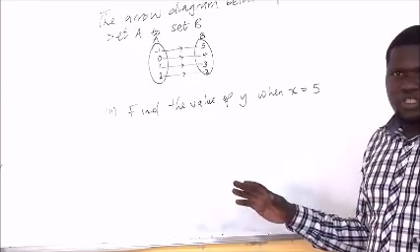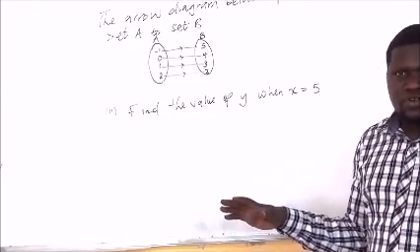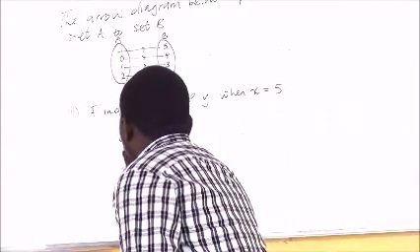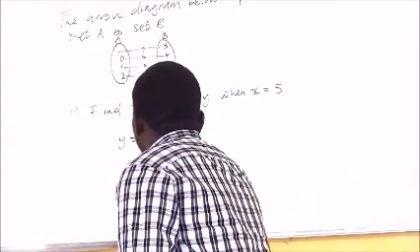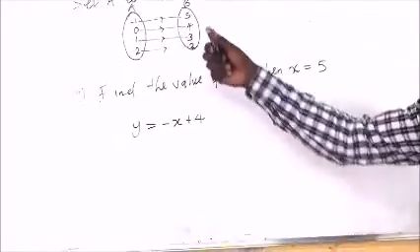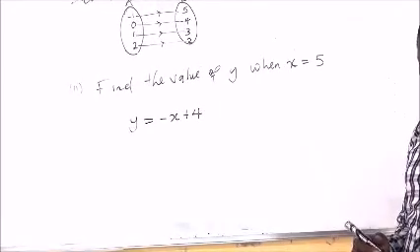We're not going to beat about the bush. If the equation has been given, we say y is equal to -x plus 4. This is the equation that we found, which represents this function and relation.